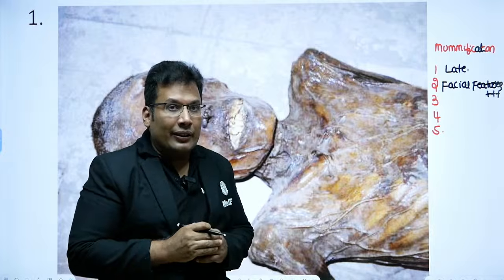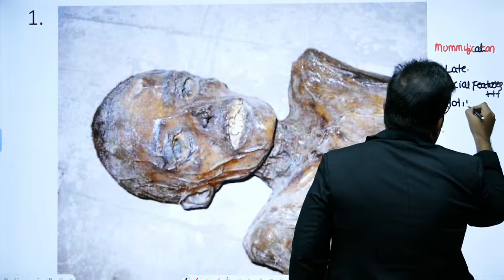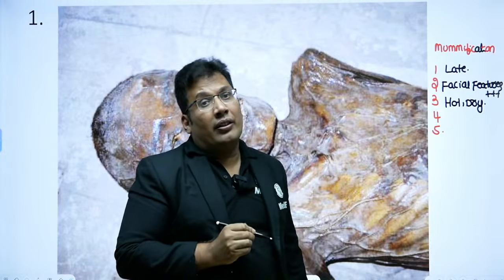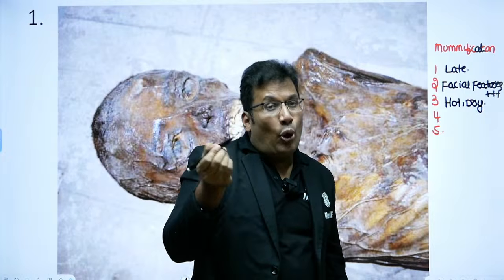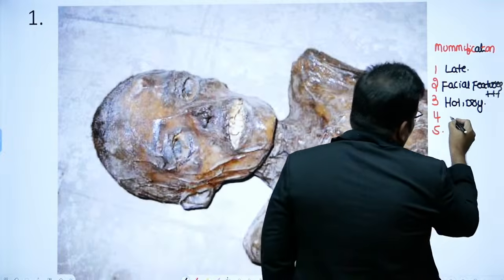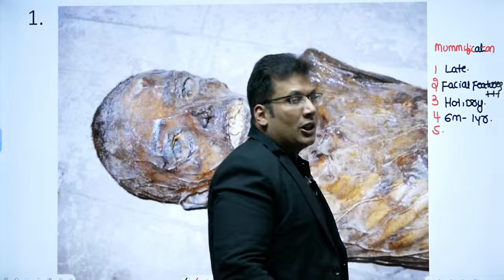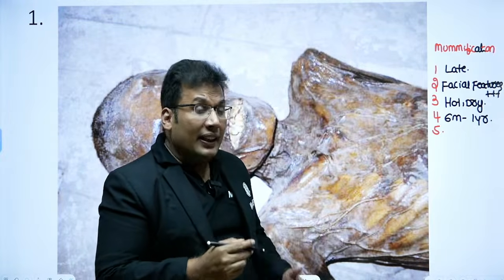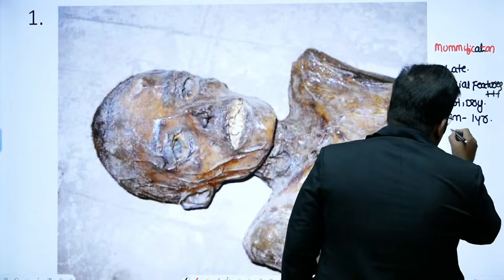Then it occurs in hot and dry environment, with air movement, with absence of moisture. Then it occurs in 6 months to 1 year. Then in case of mummification, the color of the dead body is brown or black.